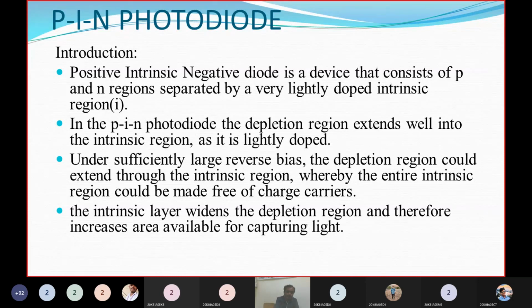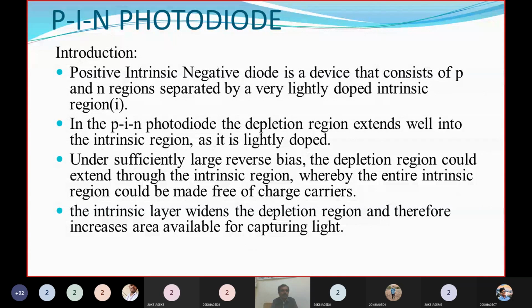Observe here: in between the P region and N region there is an intrinsic region, and due to the P and N regions a depletion layer is also formed. So the width of the depletion layer is very high.